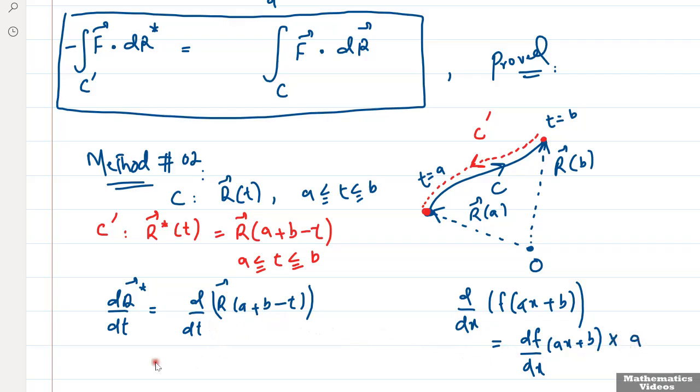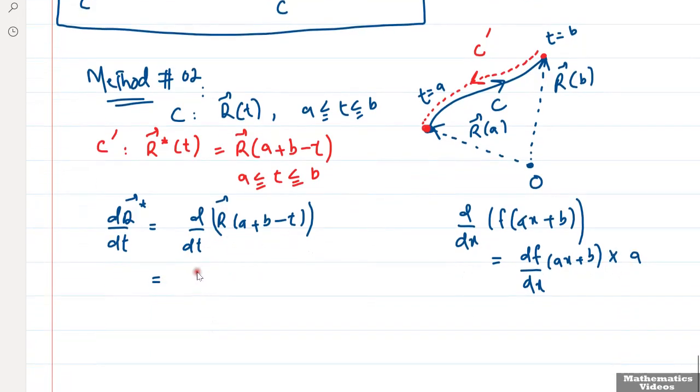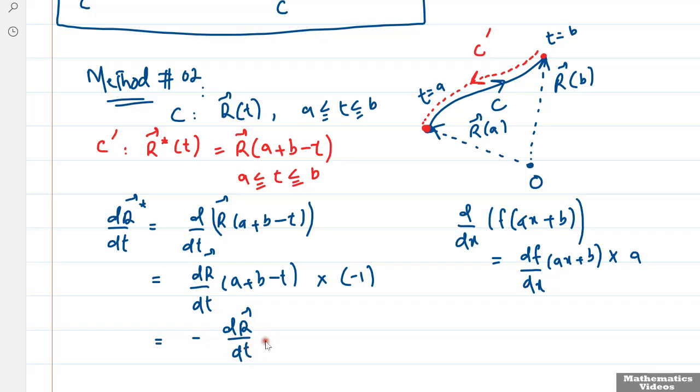So using this rule, we get this equal to the derivative of r with respect to t evaluated at a plus b minus t multiplied with the derivative of a plus b minus t with respect to t, which is minus 1. So this derivative is simply equal to minus times the derivative of r with respect to t evaluated at a plus b minus t, which is simply equal to minus r prime at a plus b minus t.